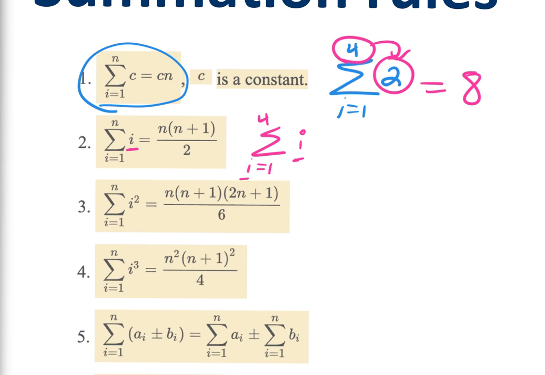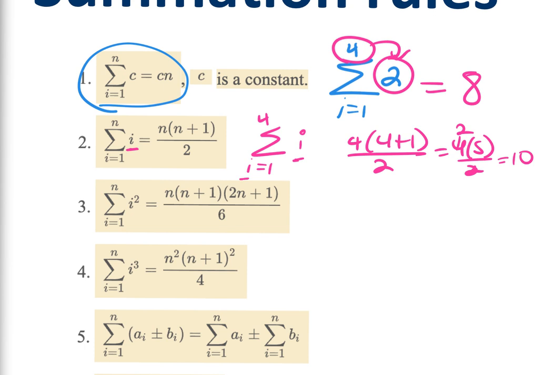Our n is the number at the top. So it would be 4 times 4 plus 1 over 2, 4 times 5 over 2, which is 10. Which would be the same if I plugged in 1, plugged in 2, plugged in 3, plugged in 4, and added them all together. But the bigger that number on the top, the more time that takes.